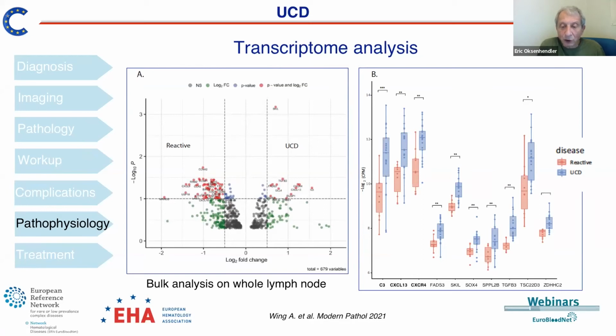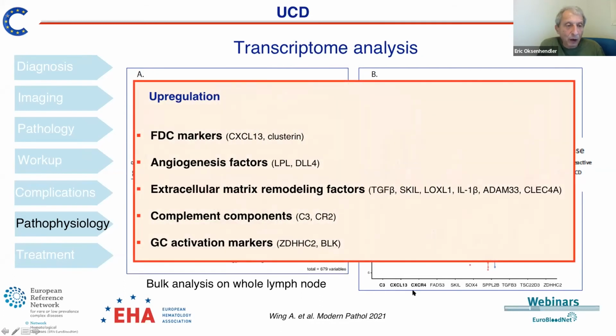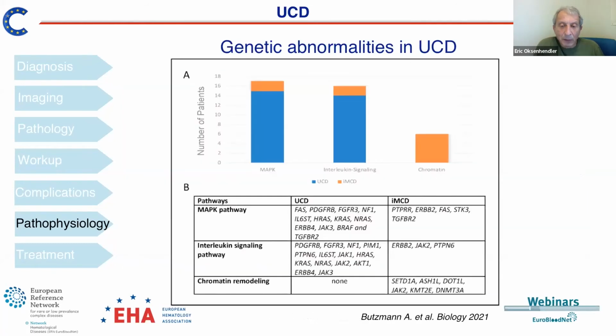But still, there are interesting data showing an upregulation of some proteins or chemokines. Briefly, we have an upregulation of APC markers, such as CXCL13, angiogenesis factors, extracellular matrix remodeling factors, complement components, and GC activation markers. And this fits very well with what the pathologists see.